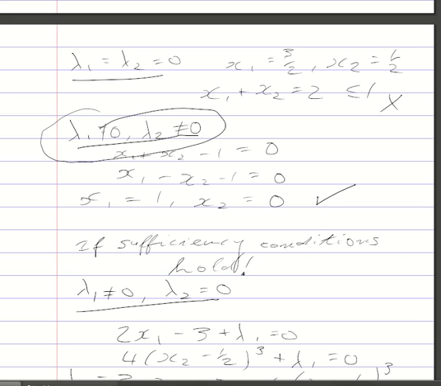The study guide and the textbook say that if the sufficiency conditions hold, the necessary conditions hold, and all the constraints are satisfied, then that is your solution. So although I used this part to illustrate the solving, you do not have to continue once you have found the correct solution.